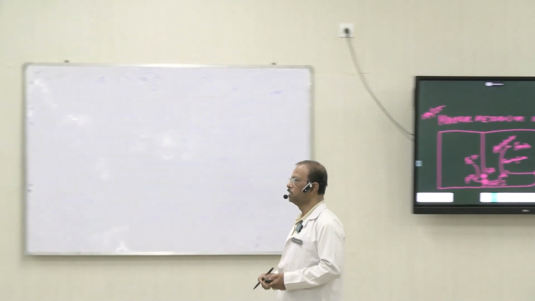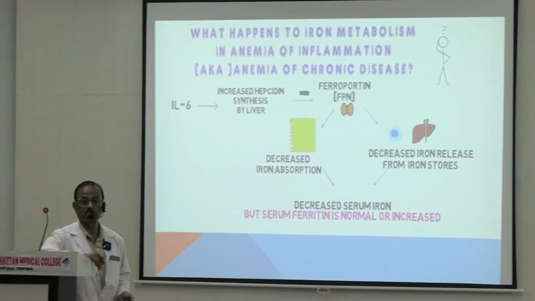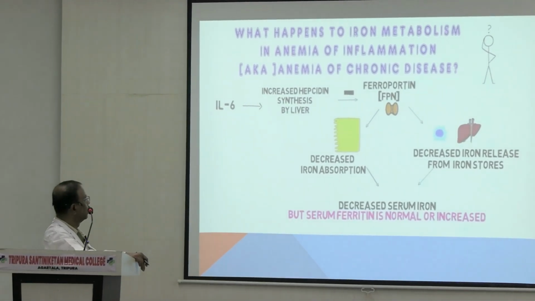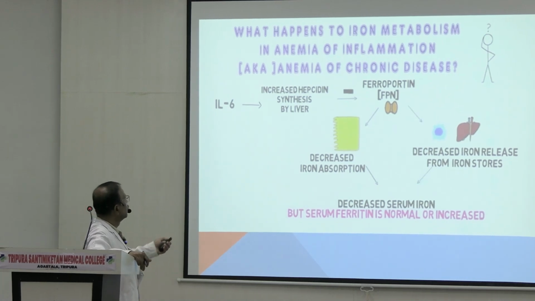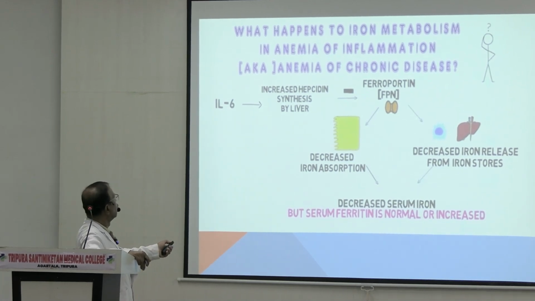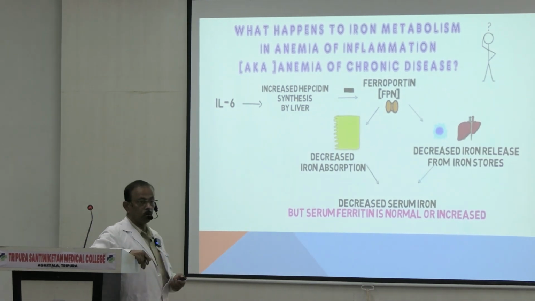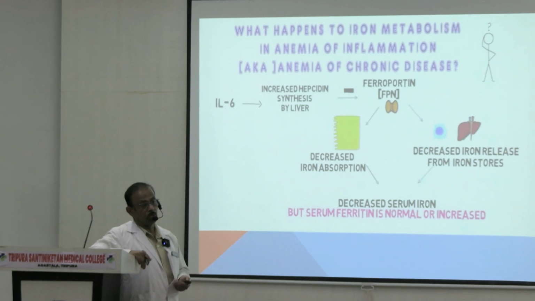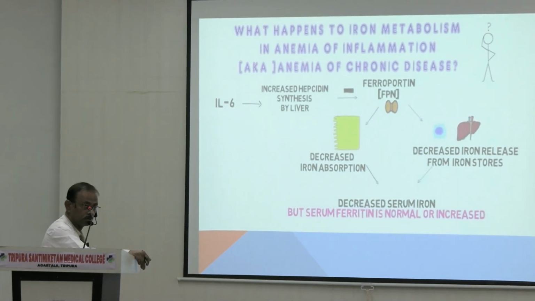This interleukin 6 stimulates secretion of hepcidin in the liver. Hepcidin, as I told, has a down-regulatory effect on divalent metal ion transporter.